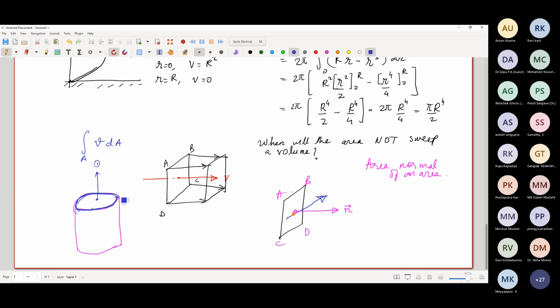Now the question is, what will be the area normal for this curved surface? Now you have a curved surface. What will be the area vector for this?